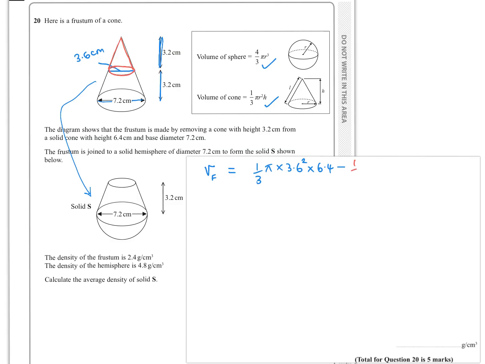So that would be 1/3 of pi times the radius, which is, I'm careful now, that's 1.8 squared, times the height, which is 3.2, not 6.4 this time. So that's the volume of the frustum, and on the calculator we can put that all in. I'm not going to leave it in terms of pi, so I'm going to put this in.